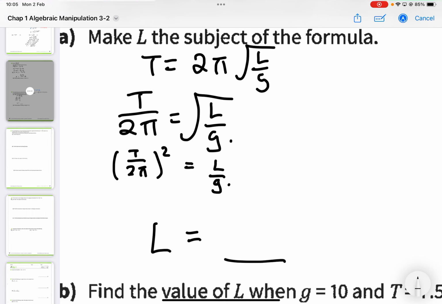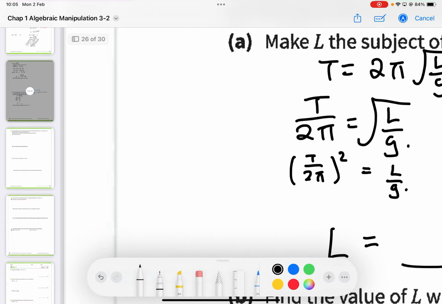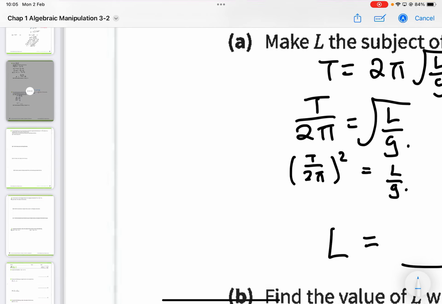Okay? Then, this part, you all need to know: when I am squaring my fraction, it will be multiplied by itself. Pay attention. My t over 2 pi will multiply t over 2 pi. So can you see that when I square, the square will go to the numerator, and the square will also go to the denominator.